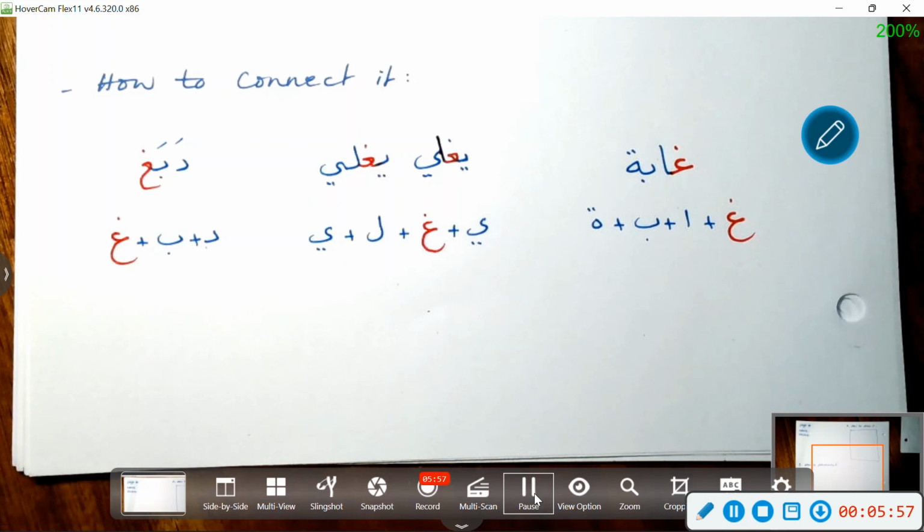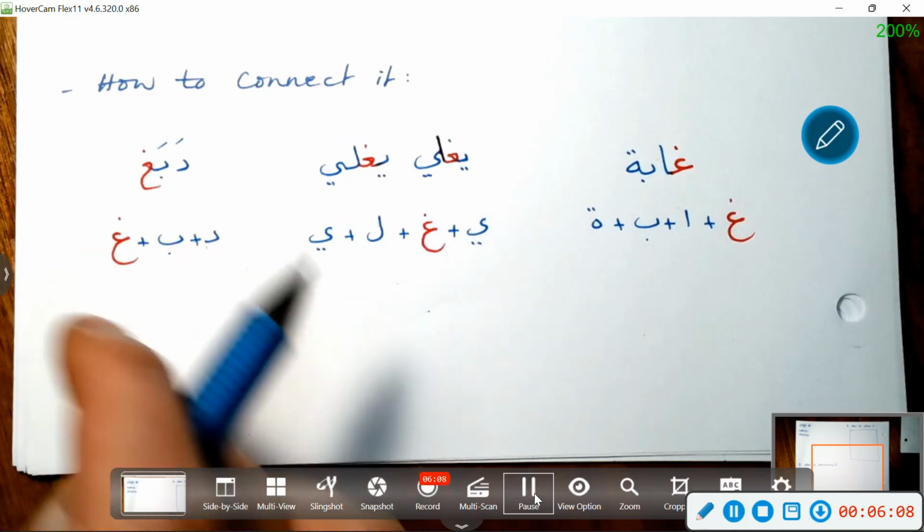But it also has another meaning in spoken Arabic, which is to stain. يدبغ, it means to stain. Dabagh, it means stained.